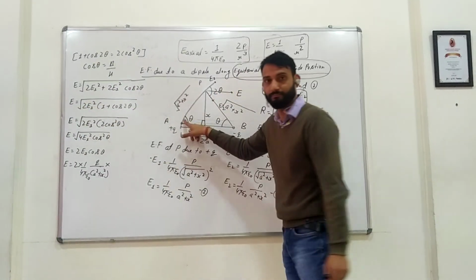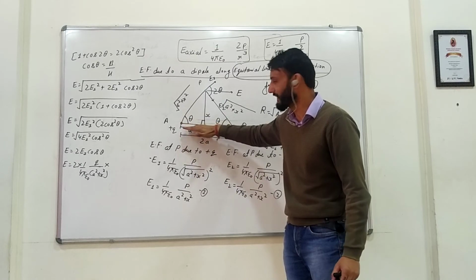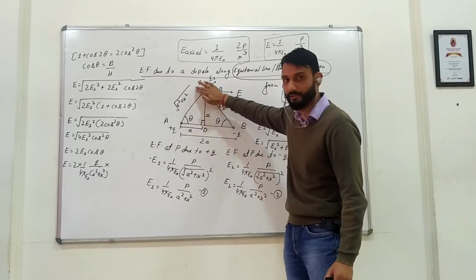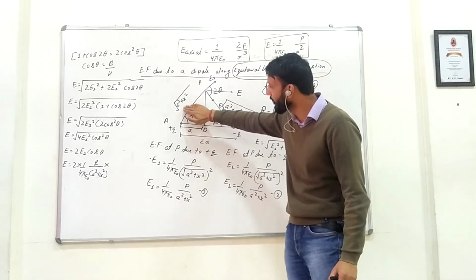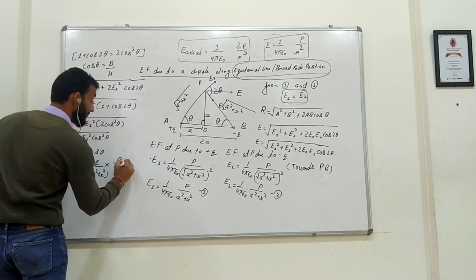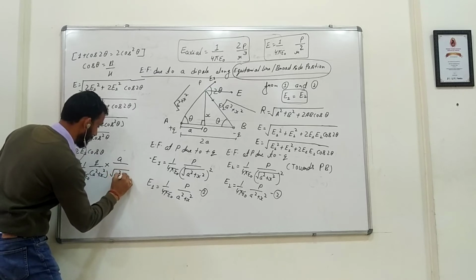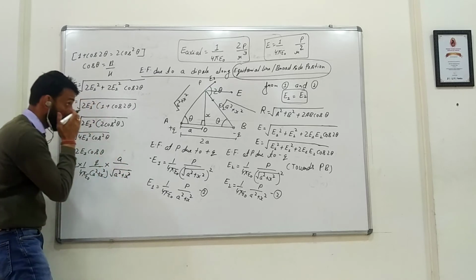This is angle, perpendicular, this is base and this is hypotenuse. So base upon hypotenuse. So base is a and hypotenuse is under the root a square plus x square. Right?